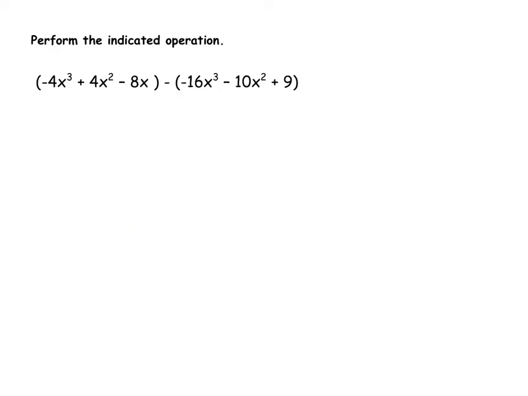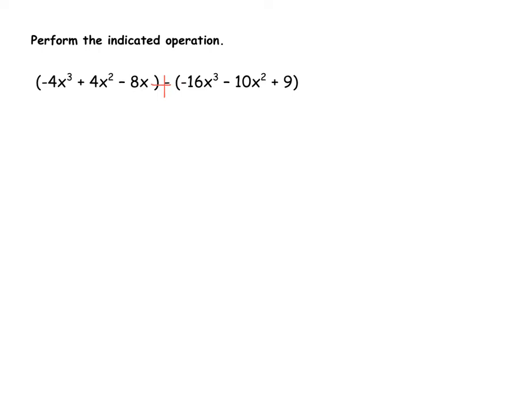Next, subtracting. Please remember that subtracting is the same as adding the opposite. So before we get started, I'm going to go through the second polynomial, and I'm going to change it to adding the opposite.